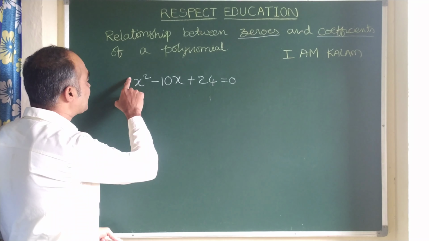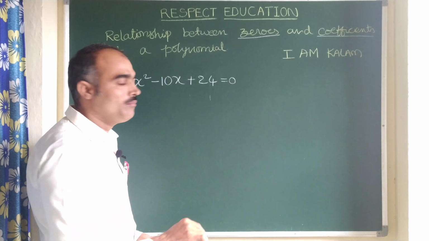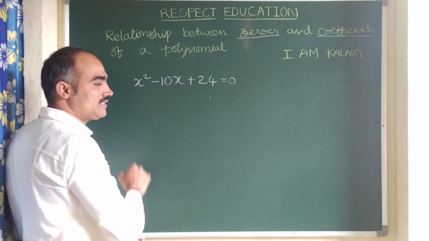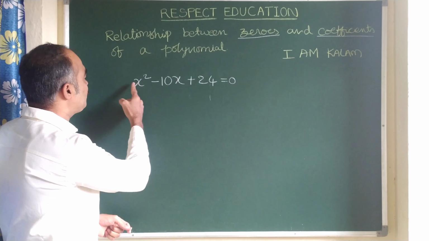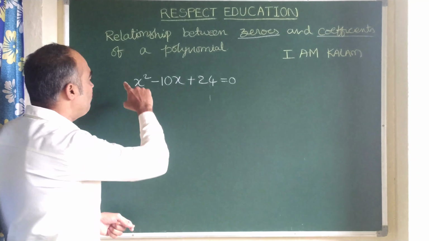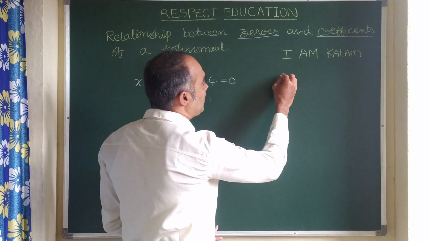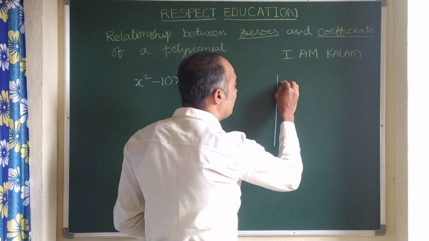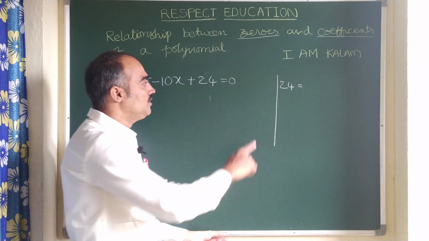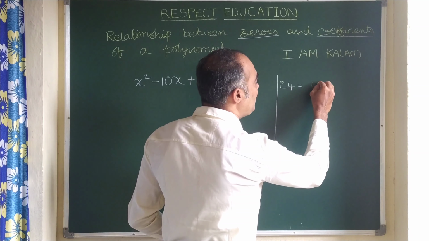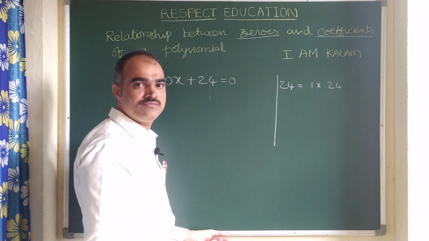First you multiply the x square coefficient and the constant. Follow the steps carefully. First you multiply the coefficient of x square and then the constant. Tell me, what is the coefficient of x square? 1. 1 into 24 is 24. So here, children, for 24 I am writing all the factors. 24 can be written as 1 into 24, means 1 into 24 is 24.